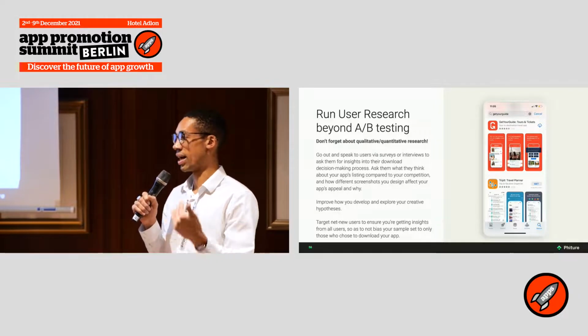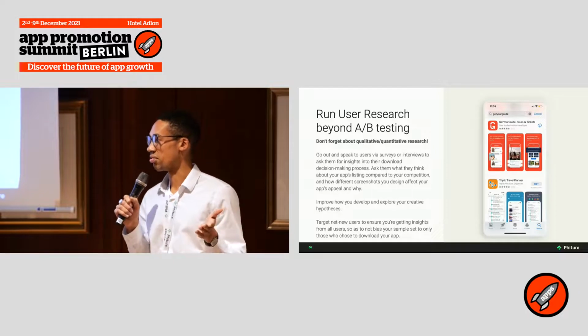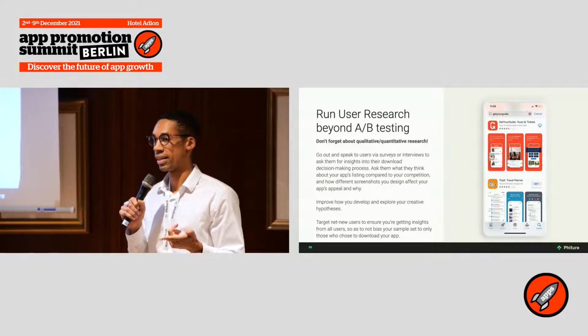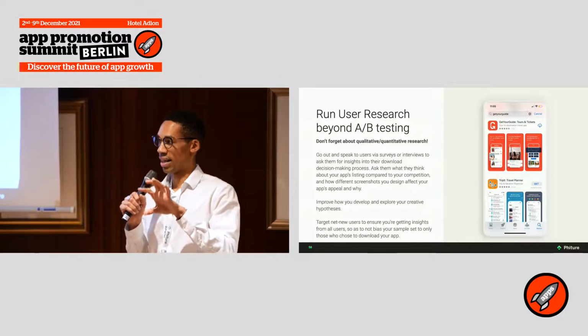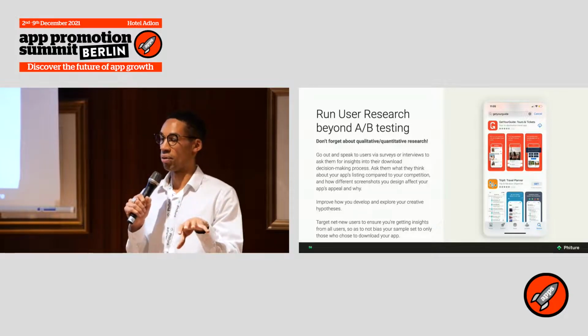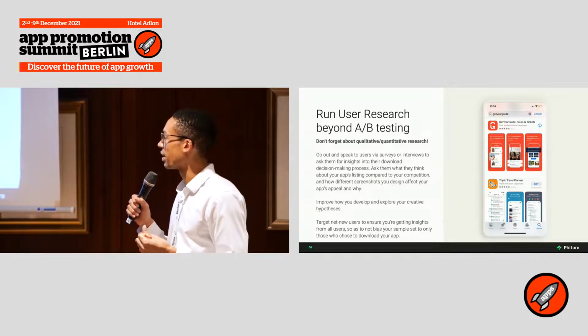Survey them to make sure that they're not already existing users, and ask them these questions. You could also use a Facebook campaign to do a 1% lookalike on your target audience, exclude users who you already have, and then use incentives to have them go through and do the surveys, or actually speak with you and do an interview.